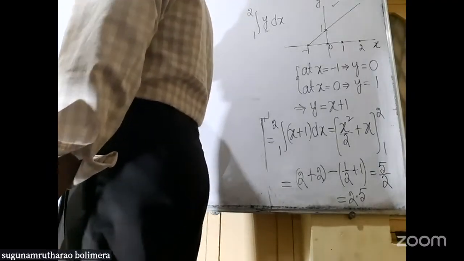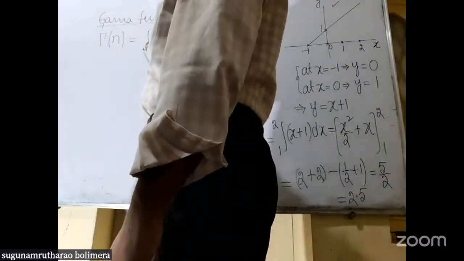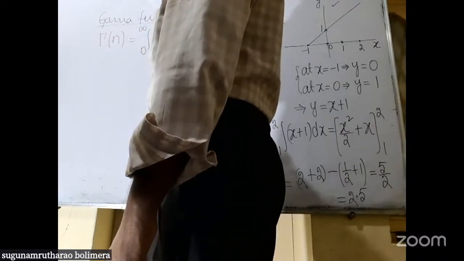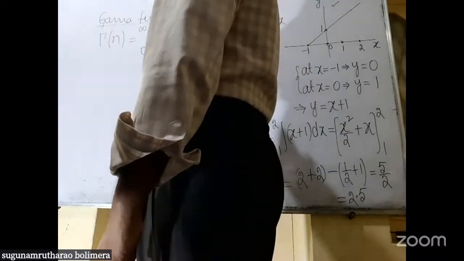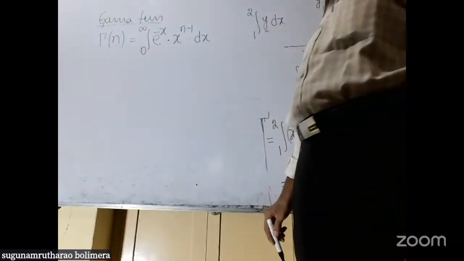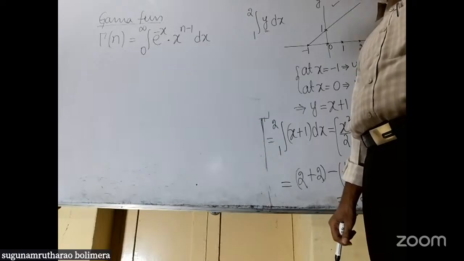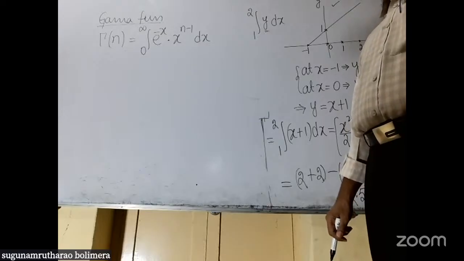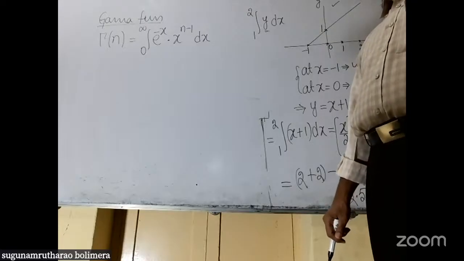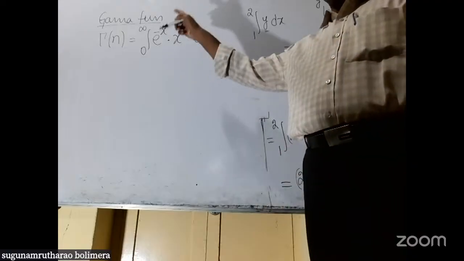Gamma of n equals the integral from 0 to infinity of e power minus x, x power n minus 1, dx. Do remember this definition if you are getting any improper integrals.